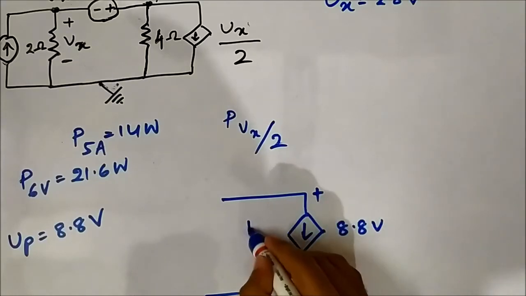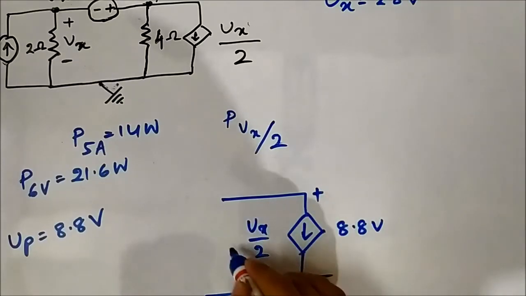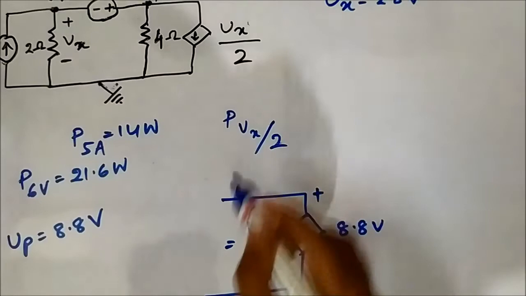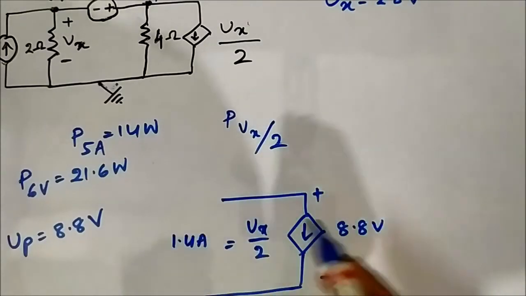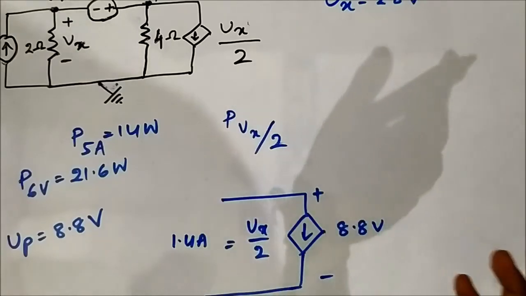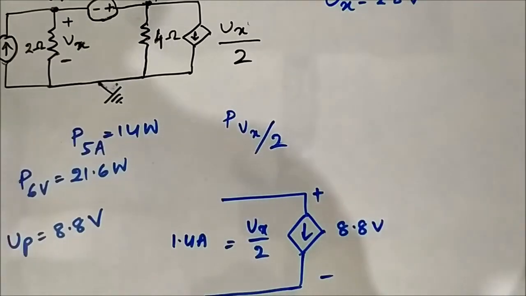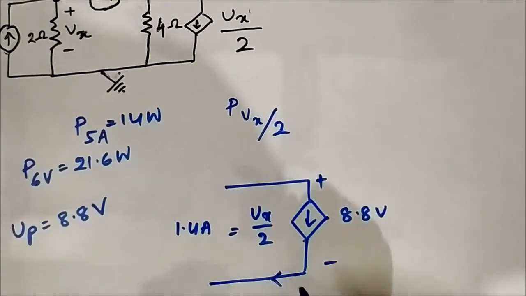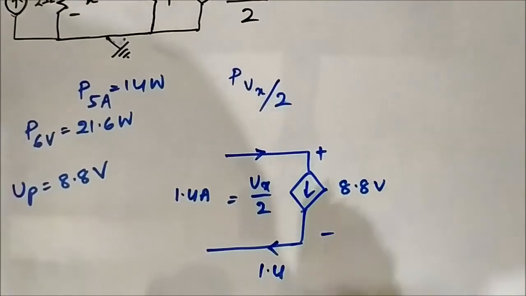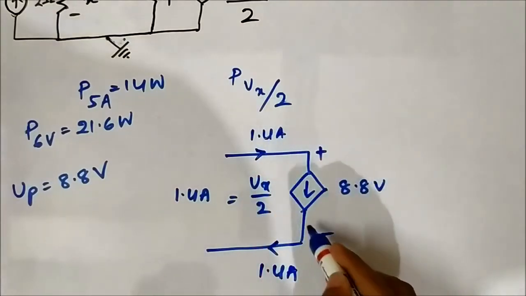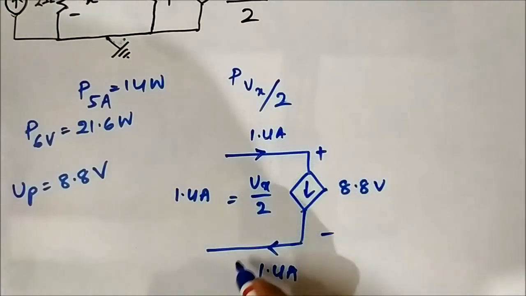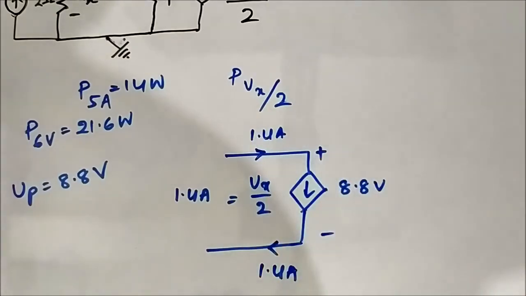The current flowing is Vx by 2, which is 2.8 by 2, which means 1.4 ampere. Now, this current is flowing in this way, away externally from the negative towards the positive.